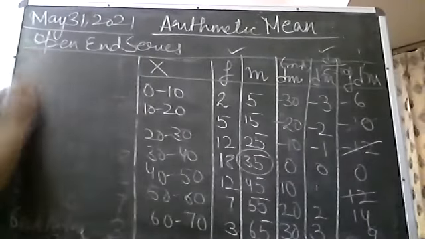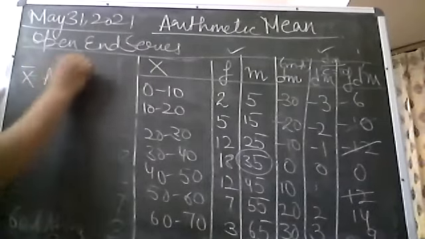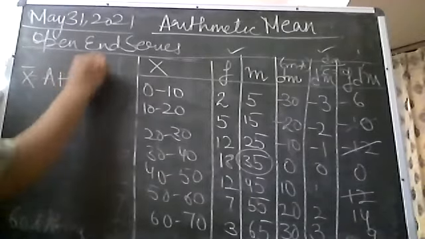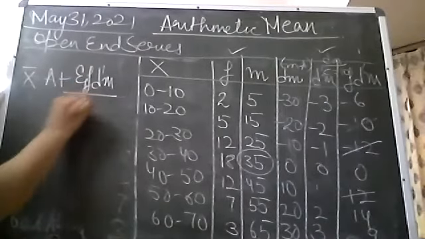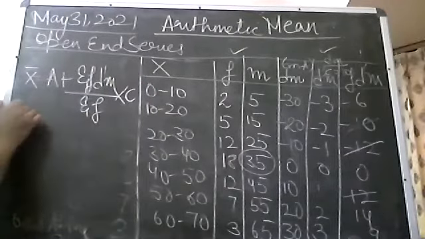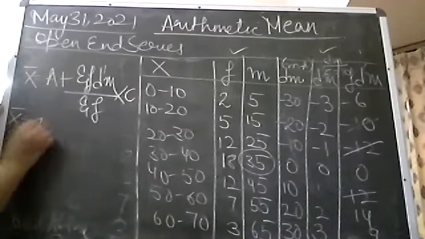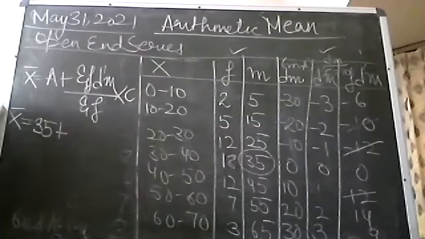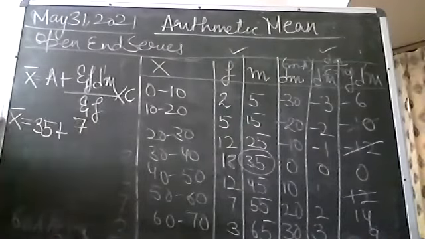Putting the values in the formula. I had not written the formula earlier, so I'm writing it now. A plus summation f d dash m upon summation f into c. So x bar comes out to be A is 35, summation f d dash m we calculated came out to be 7.